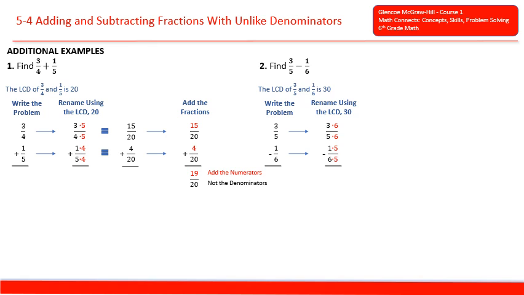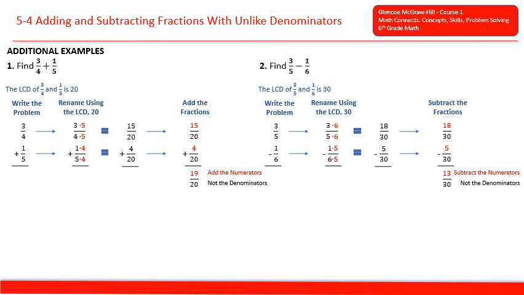And then for 1/6, we do 6 times 5 to get 30, so we also have to multiply 1 times 5. If we multiply that out, we get 18/30 minus 5/30. Then we subtract 5 from 18, which gives us 13/30. We subtract the numerators, not the denominators.